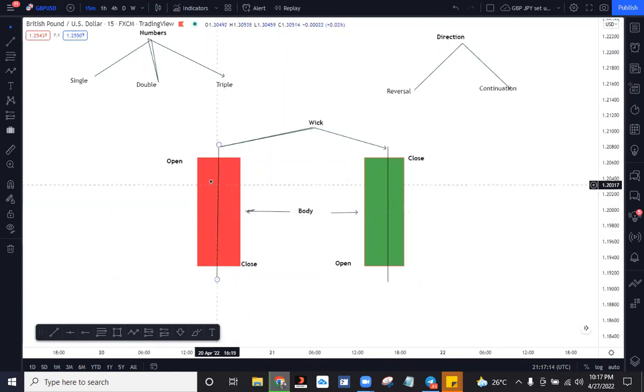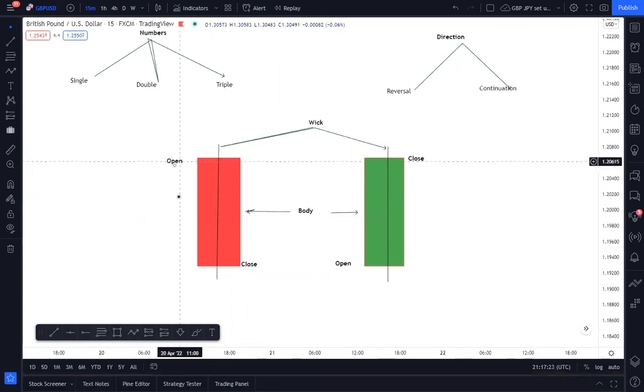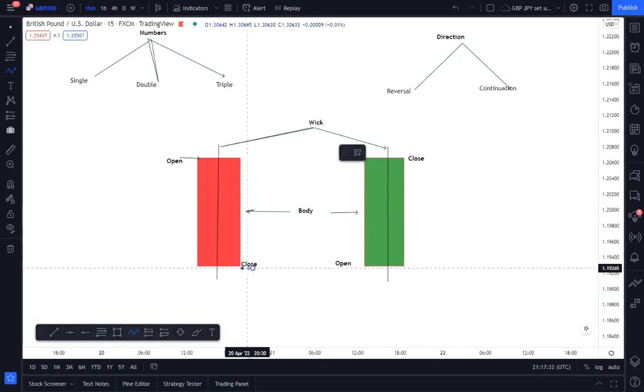These are characteristics of a candlestick. Now, for a bearish candlestick, price opens from this direction. Price opens here, and closes here. What does that mean? It simply means price opened here and was bearish for a period of time according to your time frame, maybe a 1 minute time frame or 5 minute time frame.